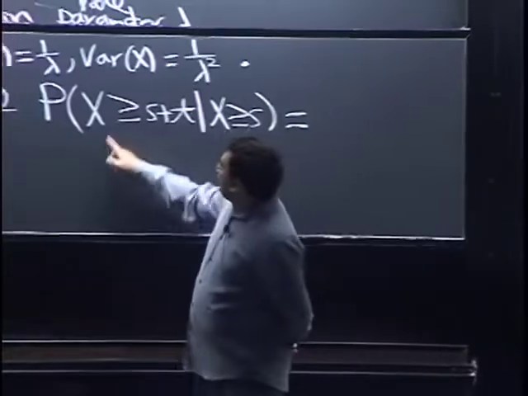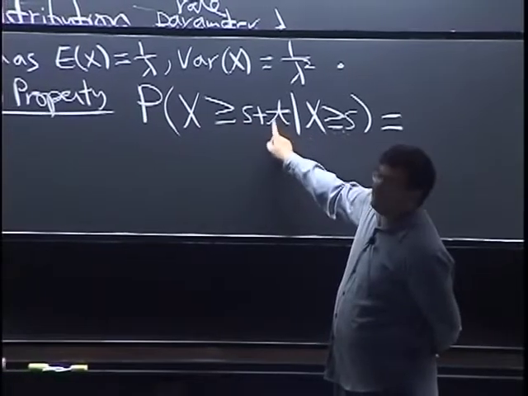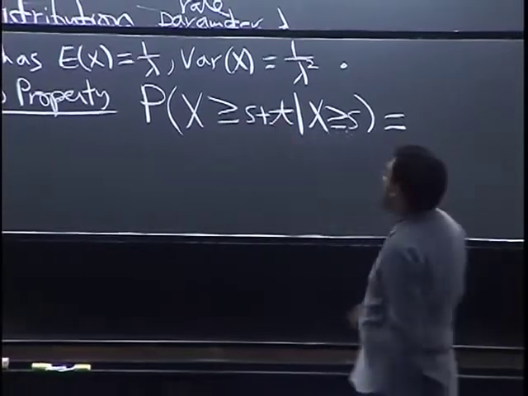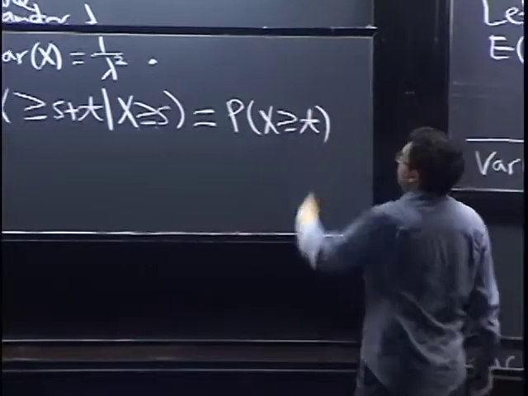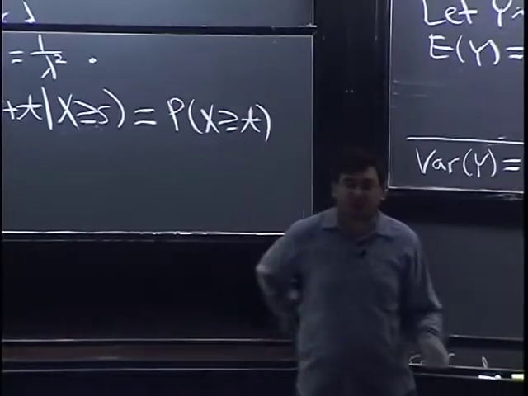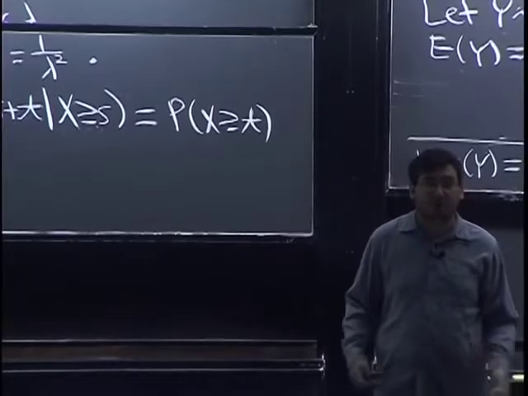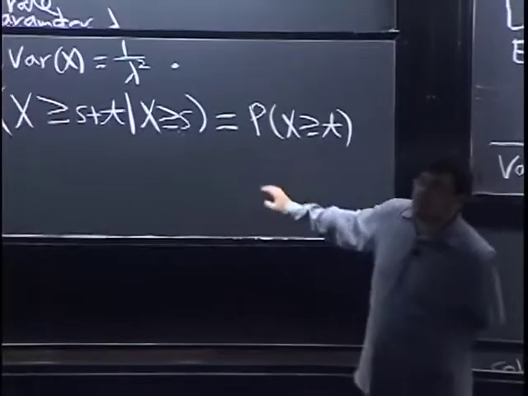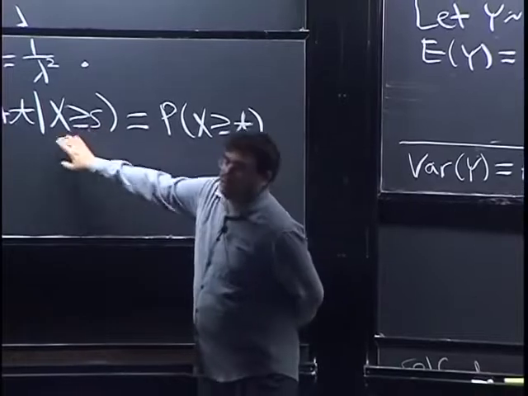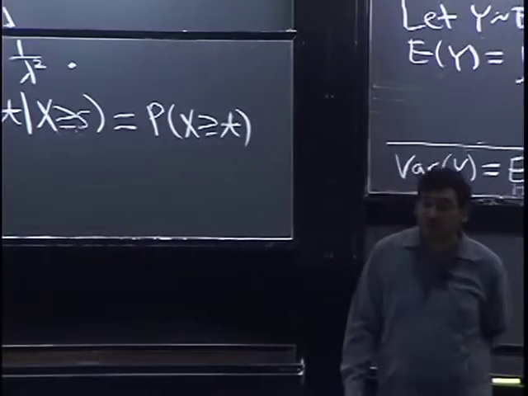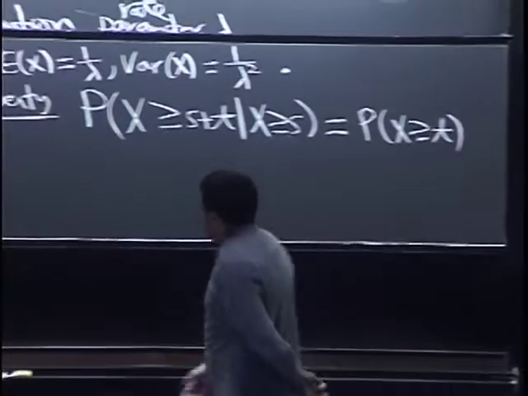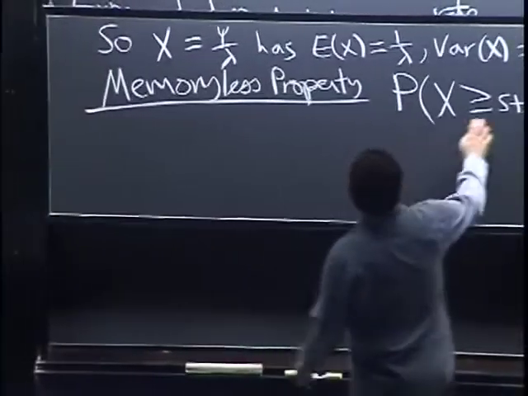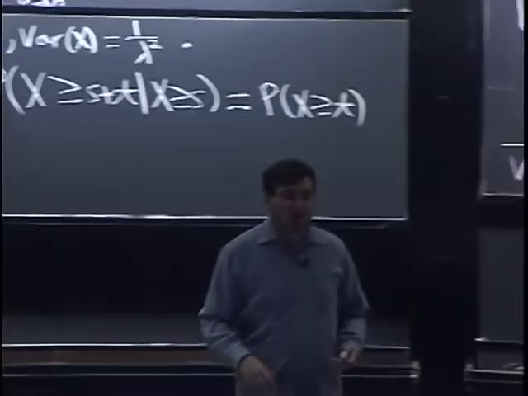And then what's the probability that you would have to wait at least an additional t minutes is just the same as the probability that x is greater than or equal to t, because you've started over with a fresh exponential distribution with the same parameter. That's the definition of the memoryless property, but I hope that this equation kind of intuitively makes sense to capture that intuition of memorylessness. Okay, so now let's prove that in fact this equation is satisfied by the exponential.